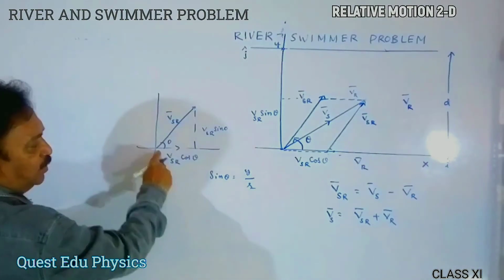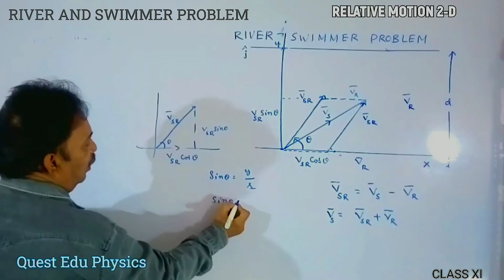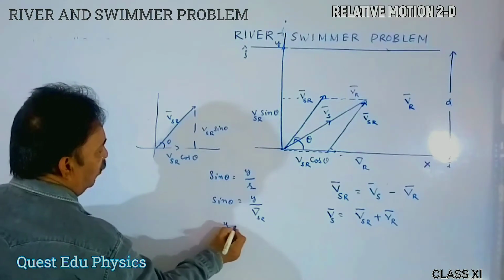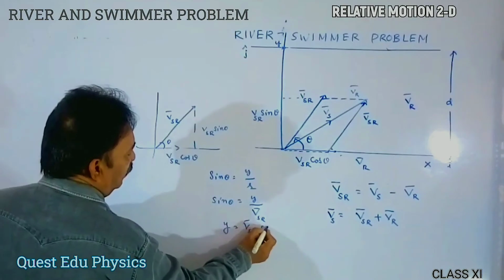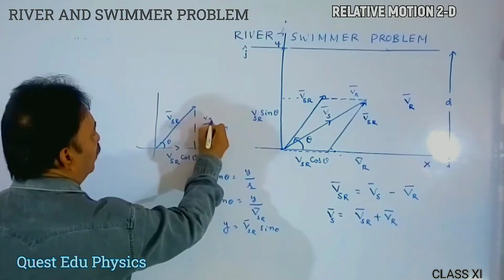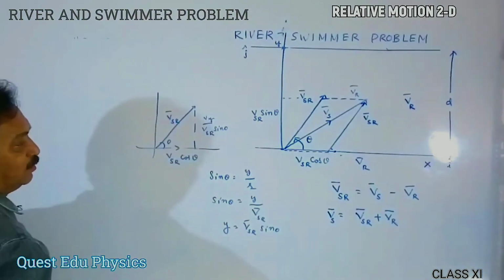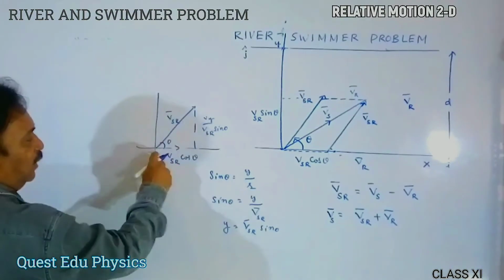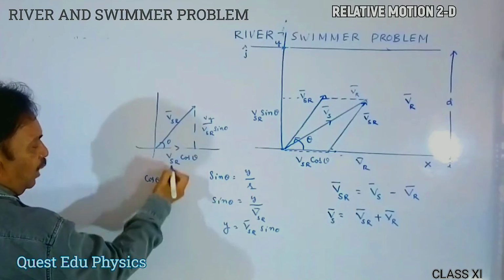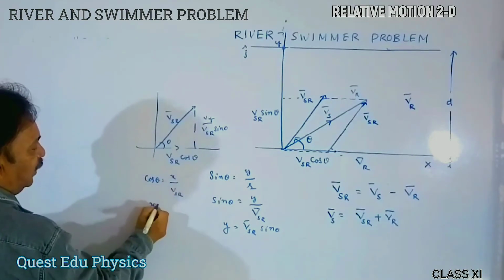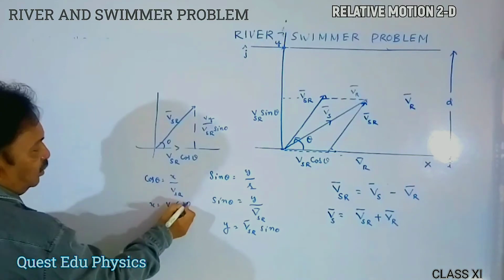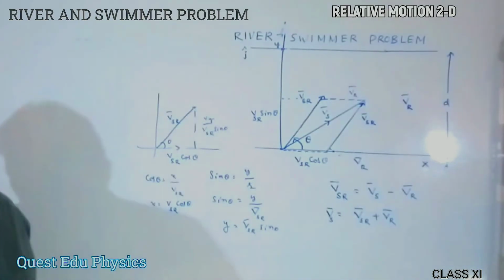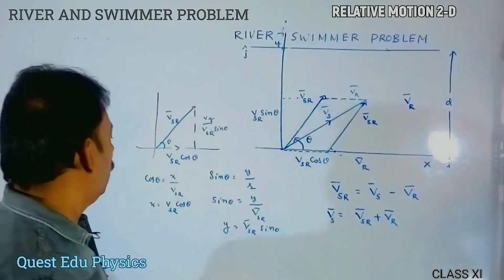Opposite we have to find, y, by hypotenuse VSR, that is y is equal to VSR sin theta. Opposite we call that Vy. Okay, students? That is velocity along the y-axis. Similarly, cos theta is equal to adjacent by hypotenuse, so x is equal to VSR cos theta. We took the same notation here. That's why we resolve into VSR cos theta as well as VSR sin theta. I hope you understood.